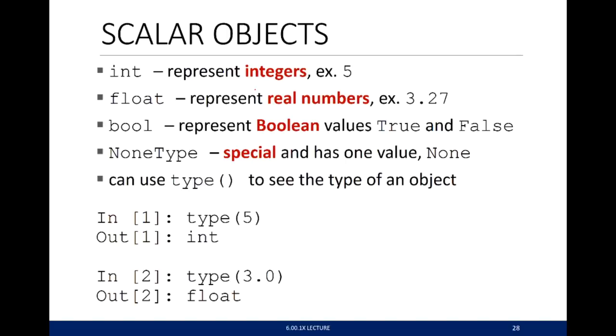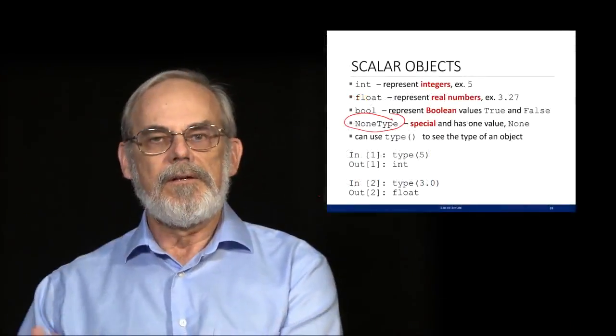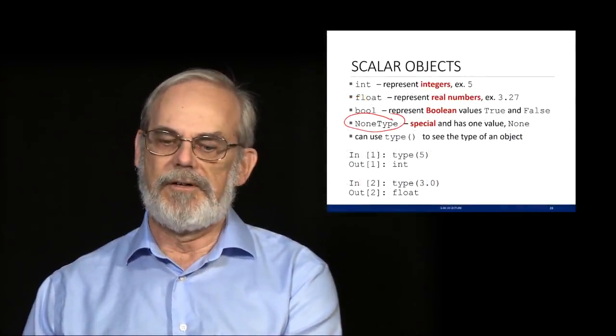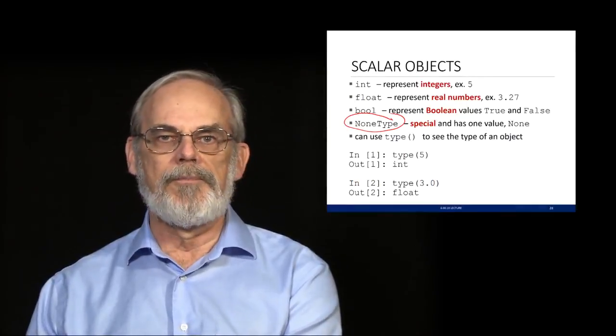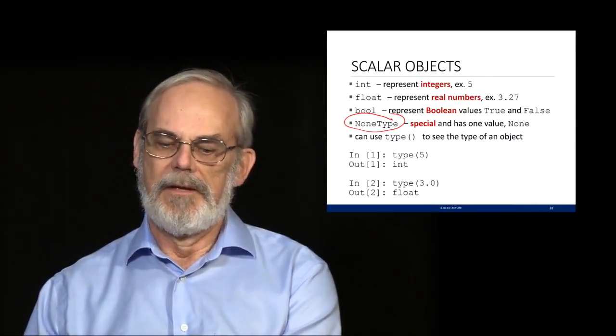Those are going to be important when we get to tests, because we want to know if a test is true, do something. If it's not, do something else. There's one weird one. It's called NoneType. It's a very special one. It has only one value, which is None. We're going to see why that's important later on, but just to be careful, NoneType is a scalar object. Those are four fundamental scalars. There are only a couple more which we'll get to a little later on.